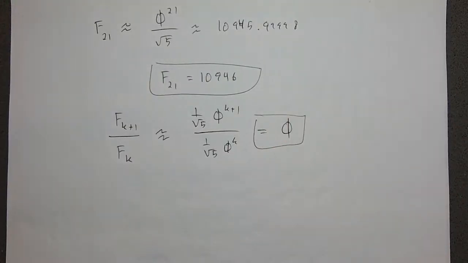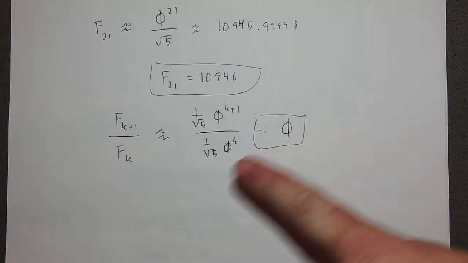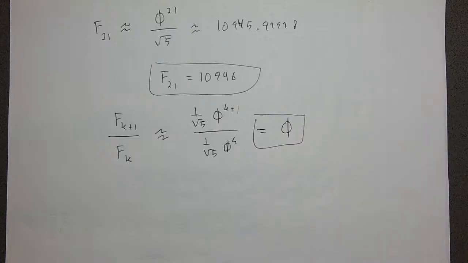It says that this is the ratio of the consecutive Fibonacci numbers. This limit is phi, which means that this is the asymptotic ratio of the consecutive Fibonacci numbers, and that Fibonacci grows exponentially with phi as its base. So these Fibonacci numbers do in fact grow exponentially, and the base of the exponent is phi. And this is where the golden ratio comes in for the Fibonacci numbers.